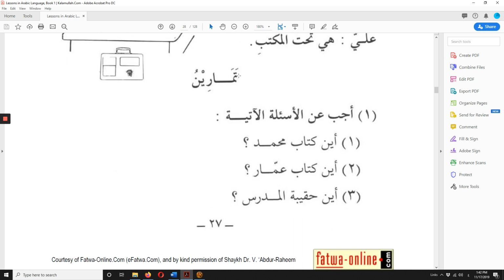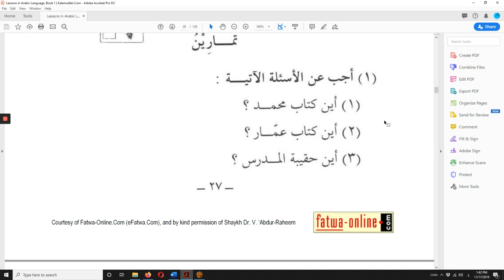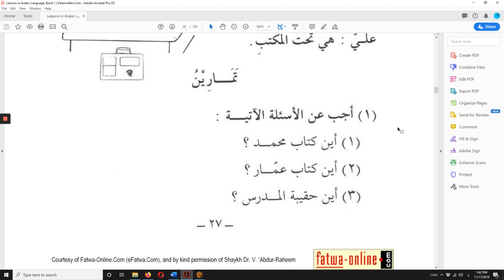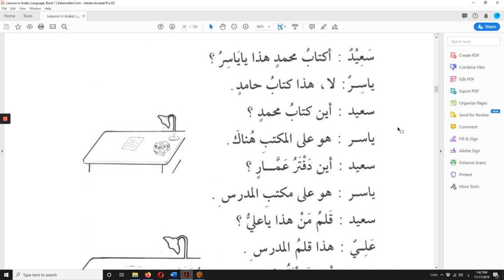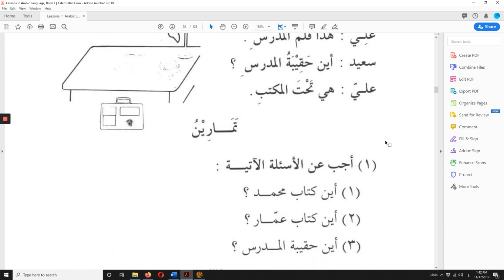Here it says tamarinu, which means exercises. Ajib an as'ilati al-atiyati. So answer the following questions. Aina kitabu Muhammadin? So where's Muhammad's book? Huwa ala al-maktabi hunaka. Aina kitabu Ammarin?